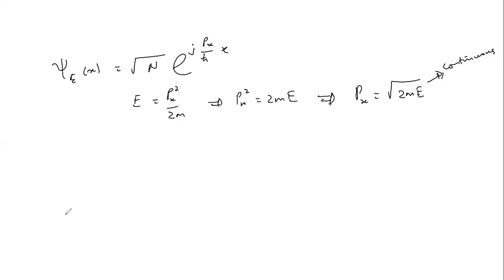Now, since we already know that the state function is an eigenfunction of the Hamiltonian, then the energy and the linear momentum of this particle in this state can be known simultaneously and precisely. Okay? So you should take note.